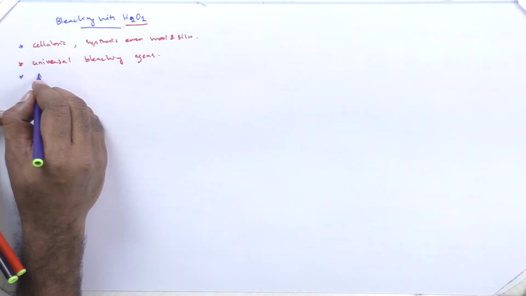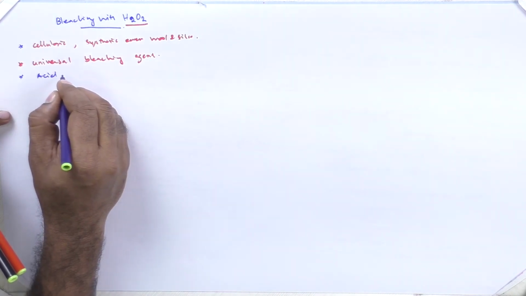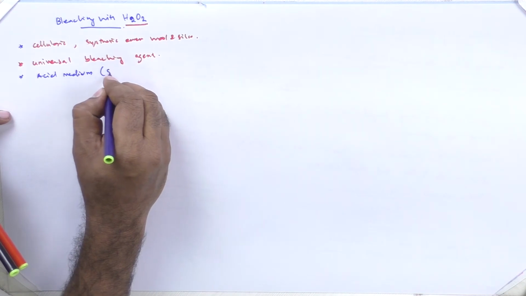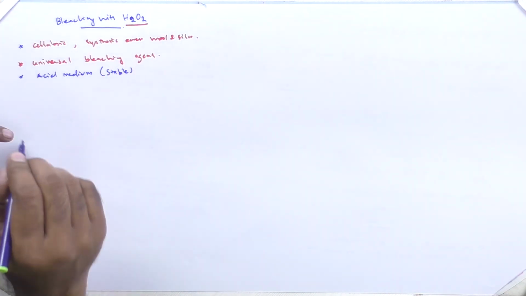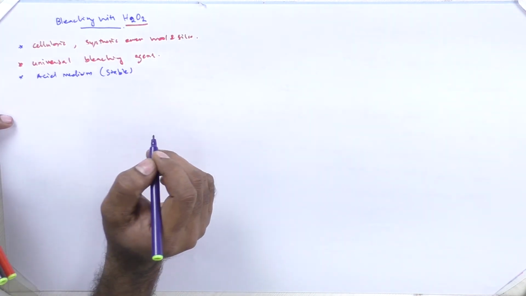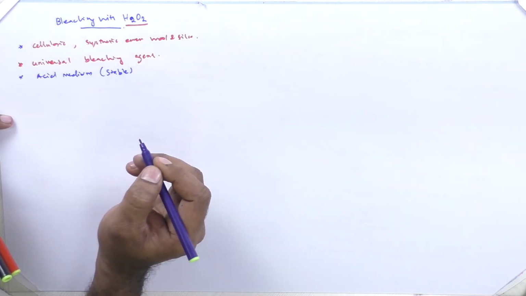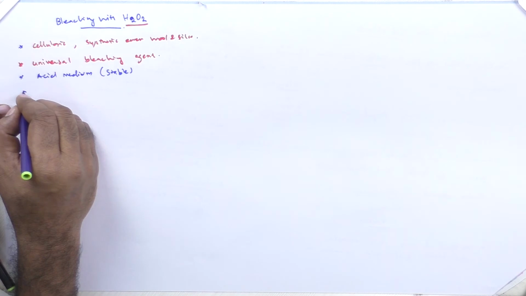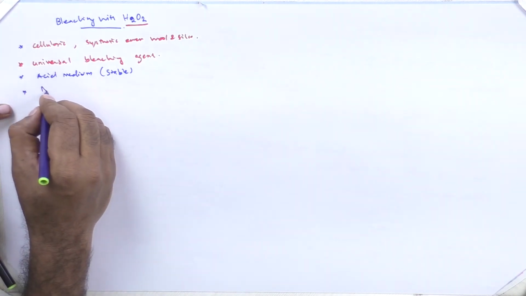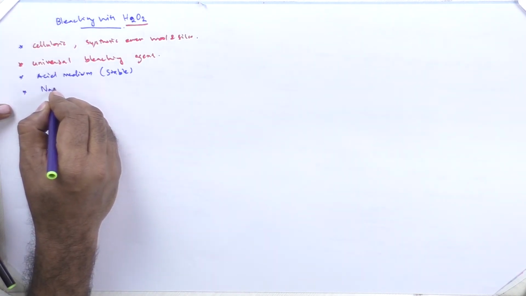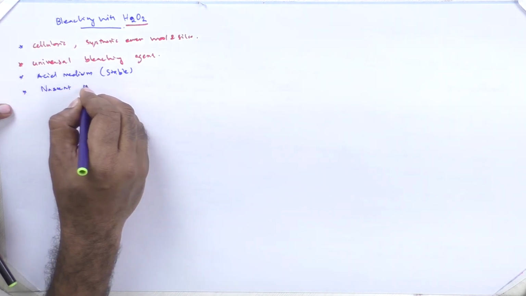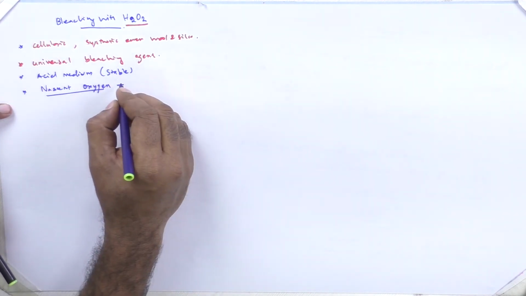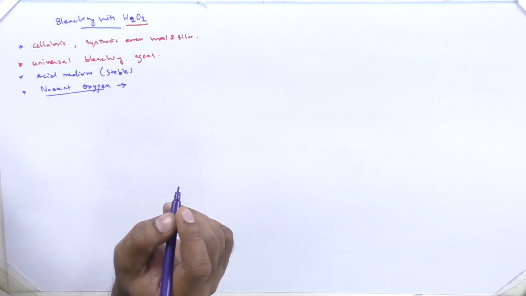It is stable in acidic medium, and in alkaline medium it starts liberating the oxidizing agent. The active oxidizing agent is nascent oxygen, which is the bleaching agent of hydrogen peroxide.